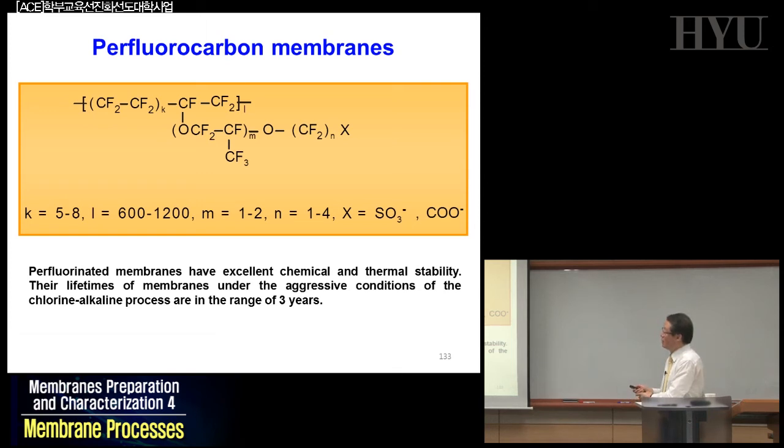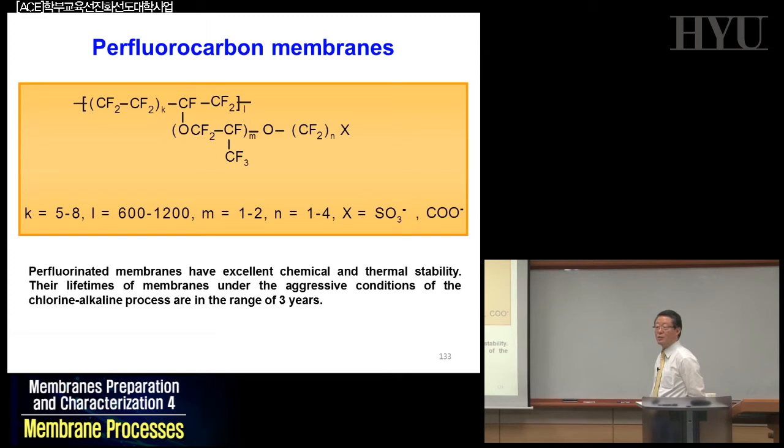So Nafion has already been used in the chloralkali industry to make chlorine. Of course, Nafion has been very expensive. Right now I think it's about $300 to $400 per square meter, but it was more than $1,000 about 10 years ago.